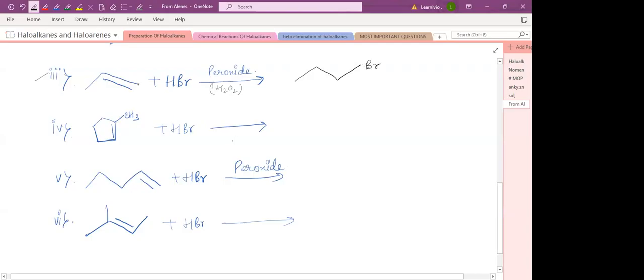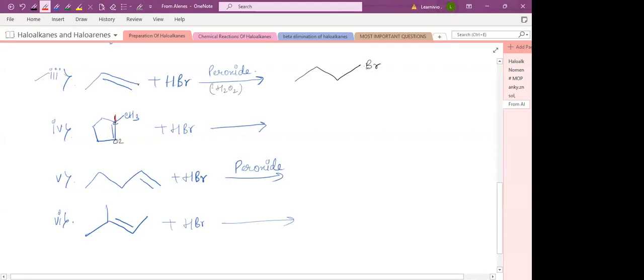Next one. So you have to decide between this and this carbon. If I write one and two position, right? So just tell me, this bromine will be attached to which position, first or second position?